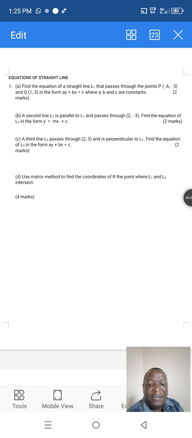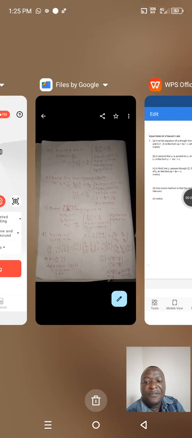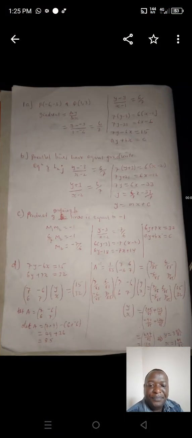For us to be able to solve this question, we need to understand that the point of intersection is found by solving the two given equations of straight line simultaneously. So the equation of L1 was 7y minus 6x is equal to 15, and the equation of L3 that we have just found in part C is 6y plus 7x is equal to 32.